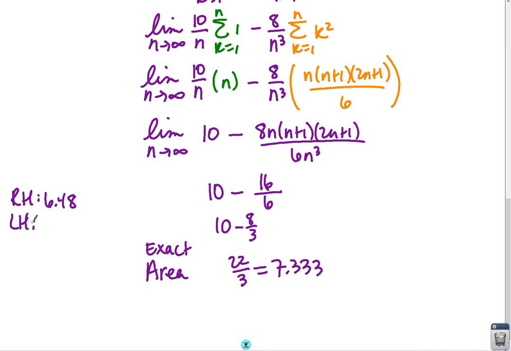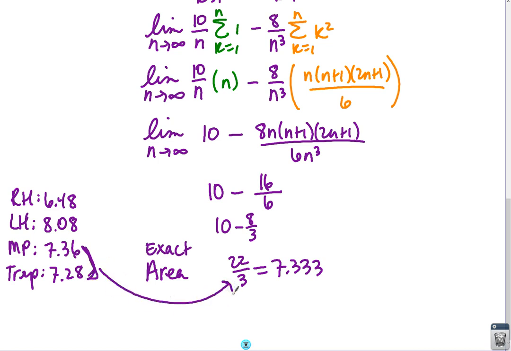It was 8.08. My midpoint approximation turned out to be 7.36, and my trapezoid ended up being 7.28. Remember, we had said that these two were the more accurate ones, and sure enough, look how close those were.